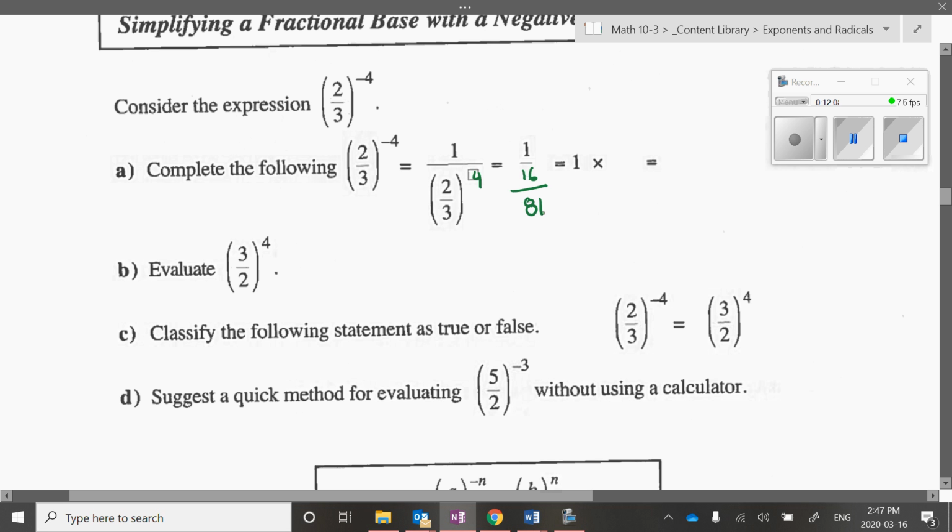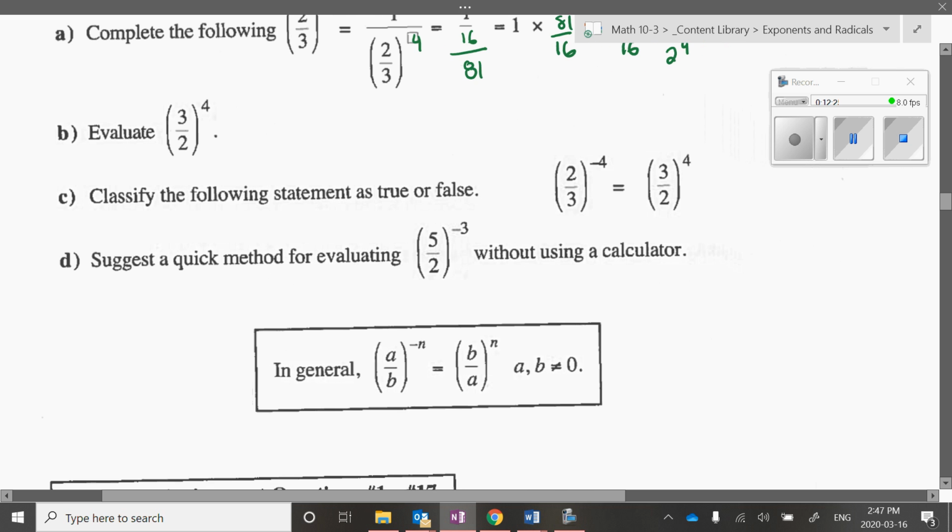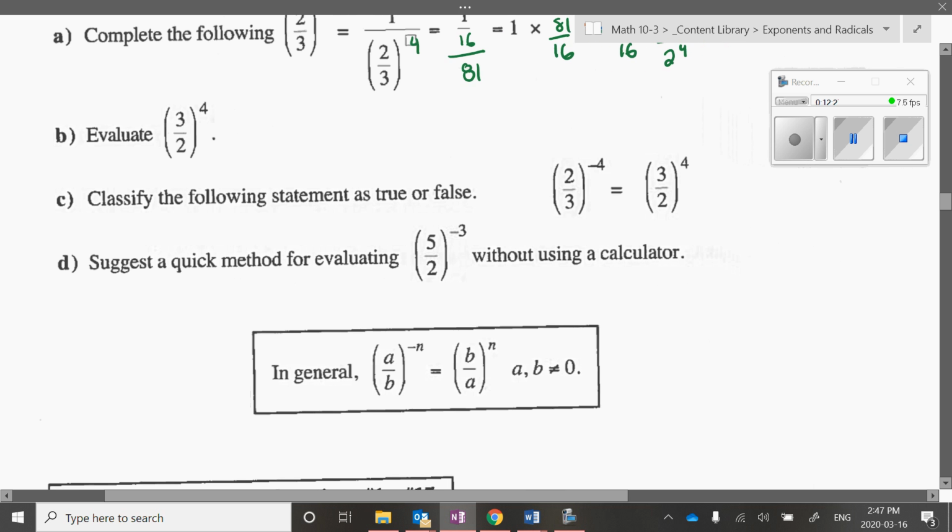Then I'm multiplying by that reciprocal, which just gives me 81 over 16, or 3 to the power of 4 over 2 to the power of 4. Do you see a pattern? Well, look at this next one. 3 to the power of 4, 2 to the power of 4, 81 over 16. We're just putting that 4 exponent on each piece here.